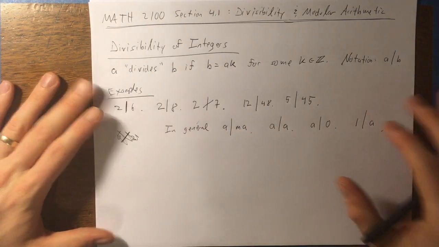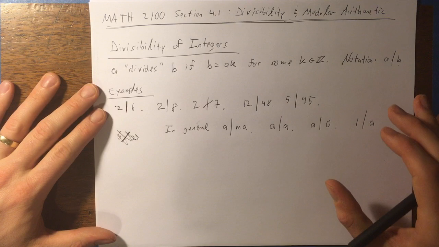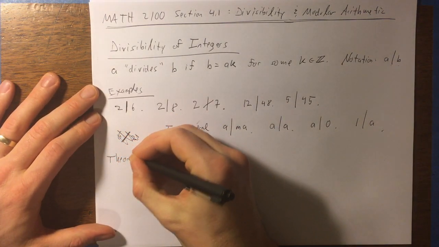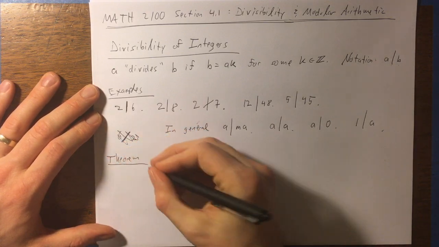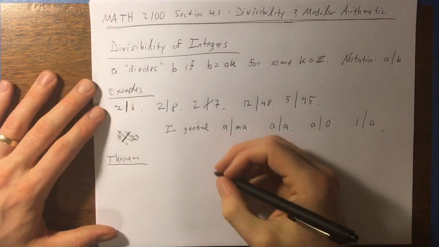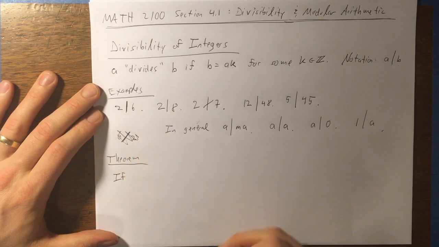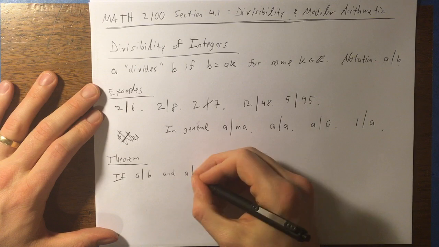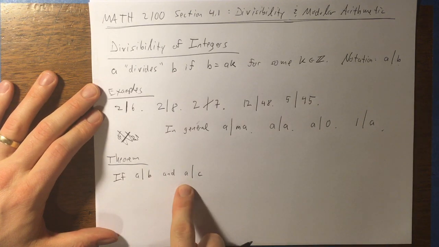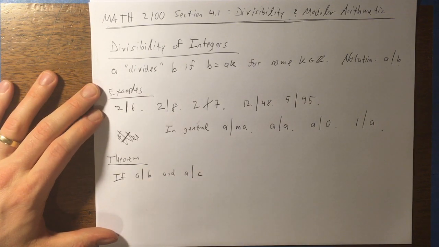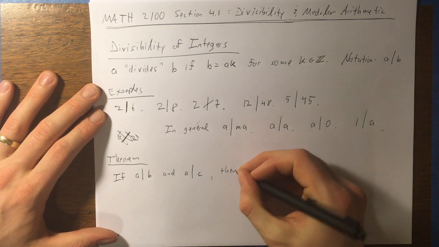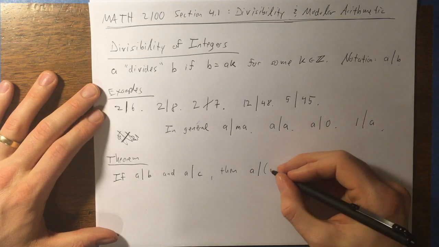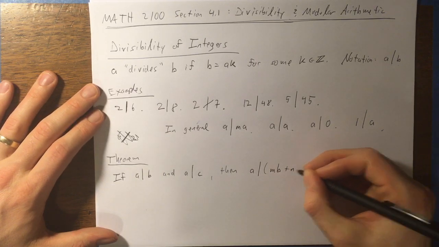Now the book introduces a few theorems about divisibility. I just want to go over one of them that I think kind of sums up a few other ones. This is kind of like taking all the theorems and putting them into one. And it says this: if a divides b and a also divides c, so we have a number a which we are assuming divides both b and c, then what we can conclude is actually that a divides any what's called linear combination of b and c.